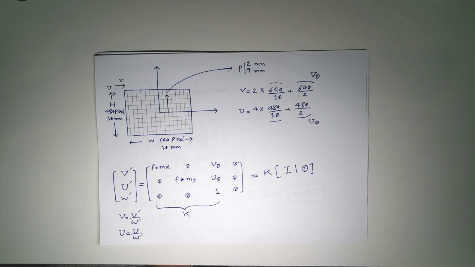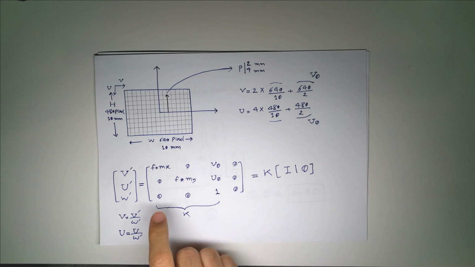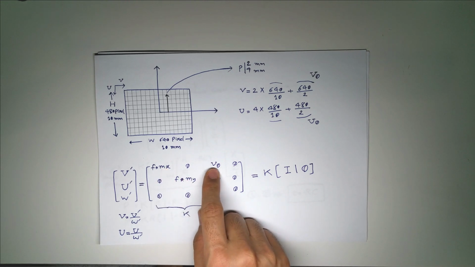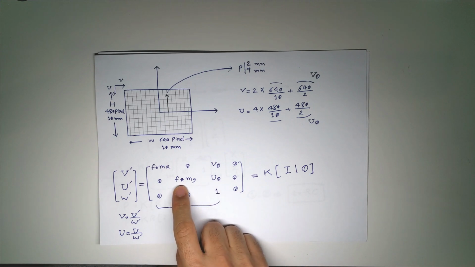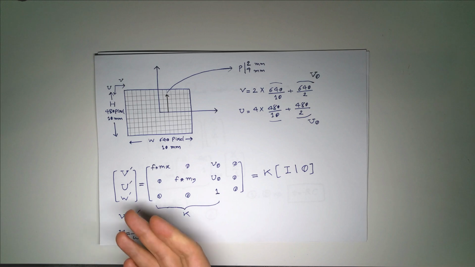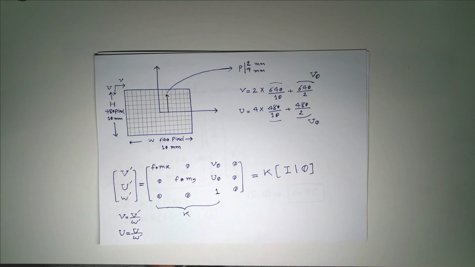I want to get a point from 3D space into some pixels. So I know that if I multiply this by a point in the camera frame, X, Y, Z, I have to multiply F by the number of pixels in the height plus V0, and again F by the number of pixels in the width plus U0, which gives me V prime, U prime, and W prime.